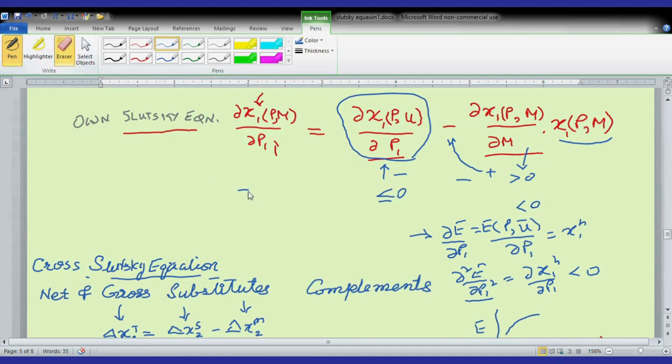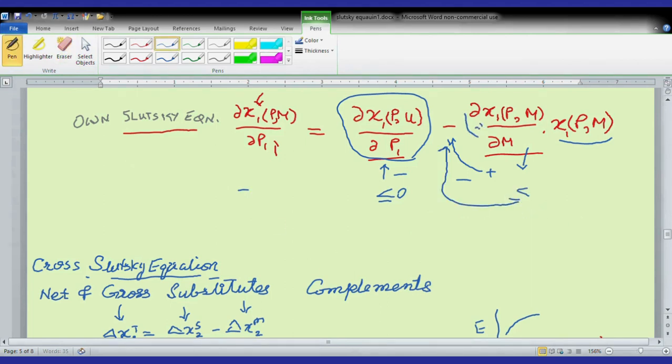Then if the second term, this derivative, is less than 0, this negative sign combines with this negative sign to become positive, and so we have a positive quantity and a negative quantity on the right hand side, and what is going to be the slope of the Marshallian demand curve will actually depend upon whether the positive magnitude is greater than this negative magnitude in absolute terms, or vice versa.